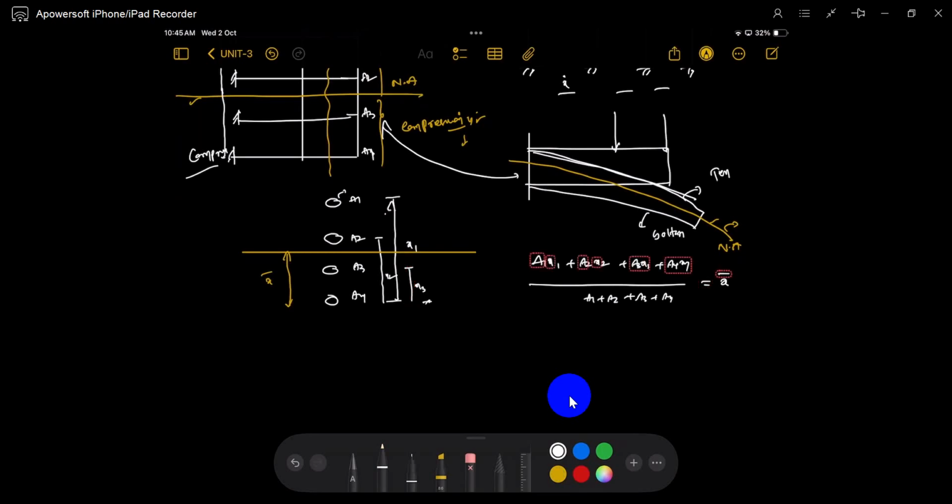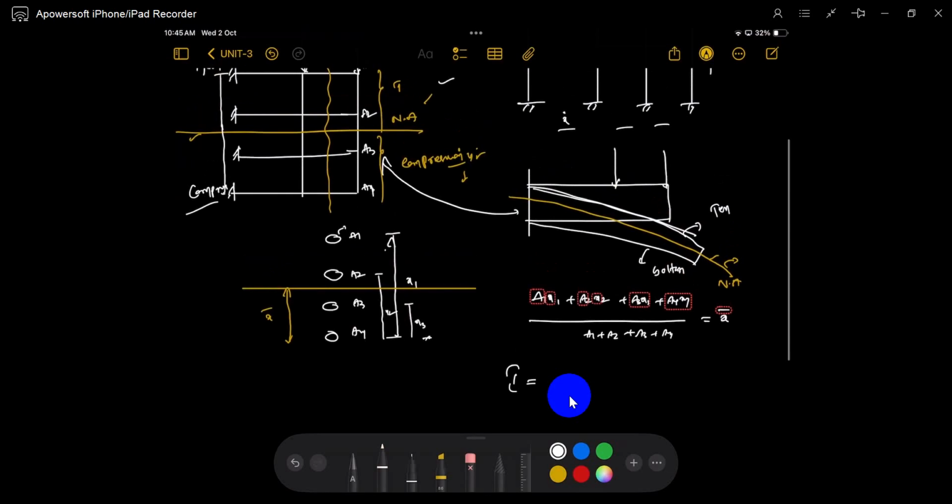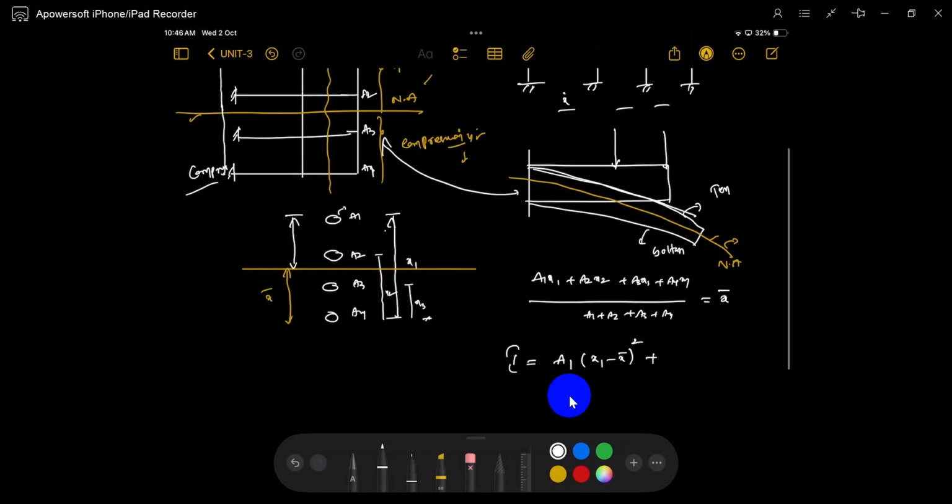Also, you can find the moment of inertia of that section. Moment of inertia is area into distance squared. For A1, the distance is x1 minus x dash, squared. Area into distance squared is the moment of inertia.